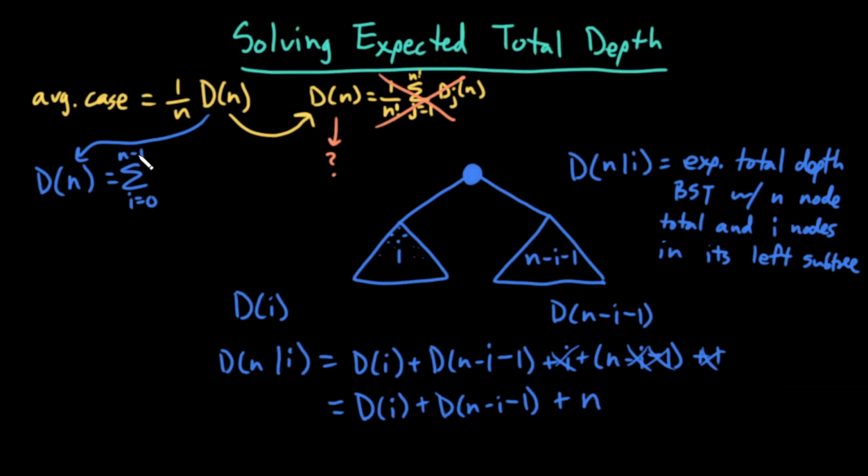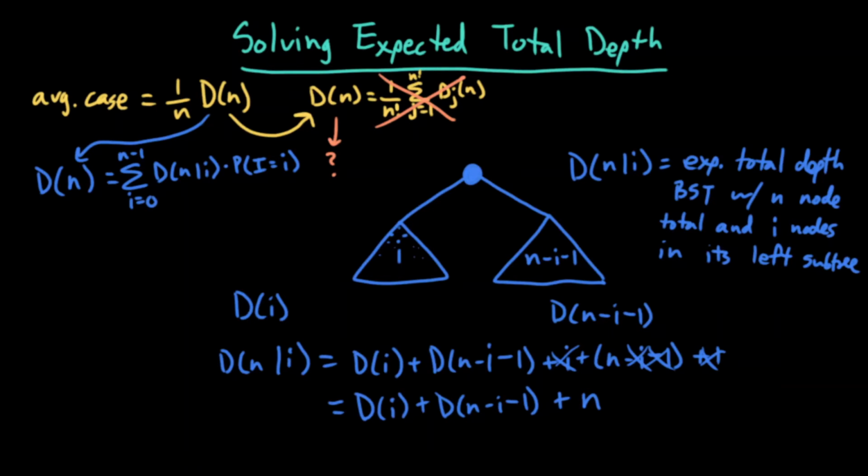So the sum from I equals 0 to n minus 1 of d of n given I times the probability that I have I nodes in my left subtree. So it's the expected total depth of a tree with n nodes and I nodes in its left subtree times the probability of having I nodes in your left subtree.